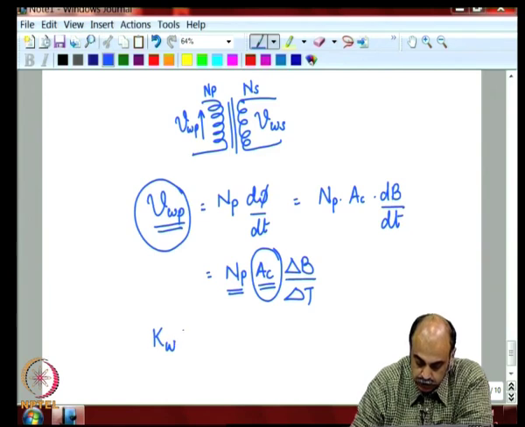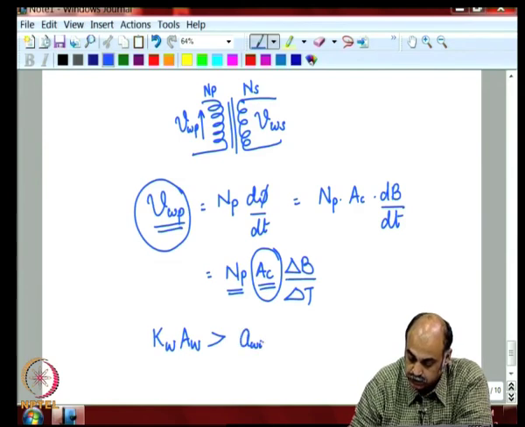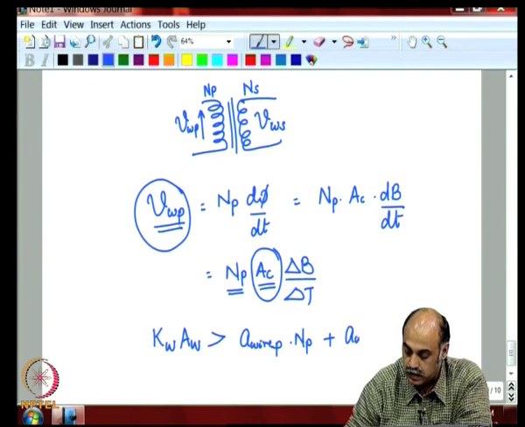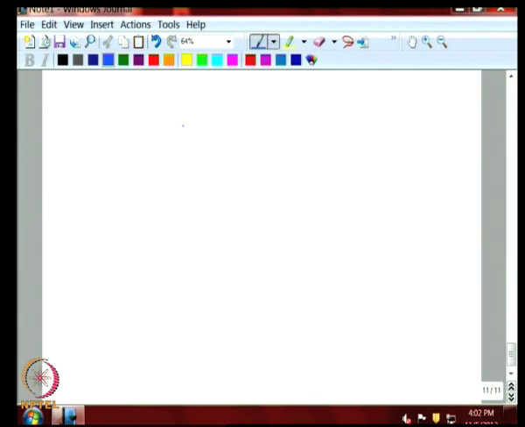KW AW should be greater than A wire primary, let us say, into NP plus A wire secondary into NS, meaning the same window area should accommodate NP turns of primary wire cross section areas and NS turns of secondary wire cross section areas.